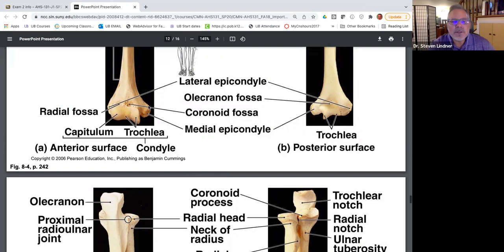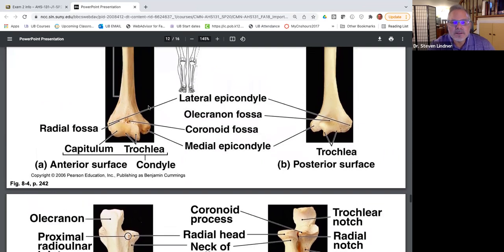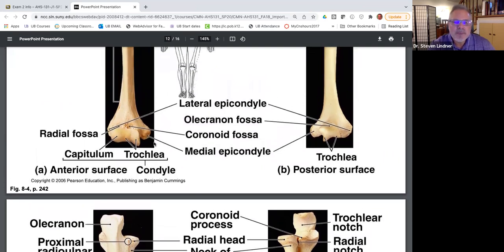And there's only two other landmarks that are important of the elbow. There's the medial epicondyle, which is much more prominent than the lateral epicondyle. The medial epicondyle is a very important attachment site for your finger flexors and your wrist flexors.